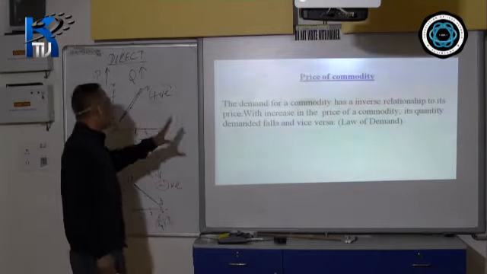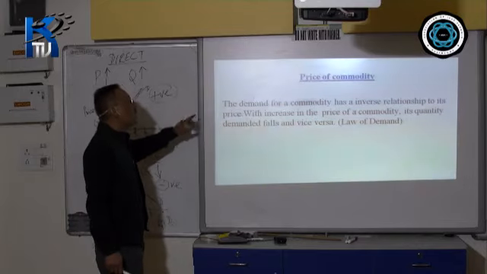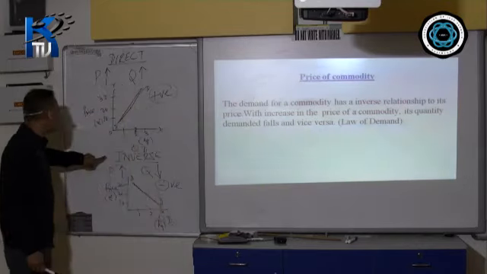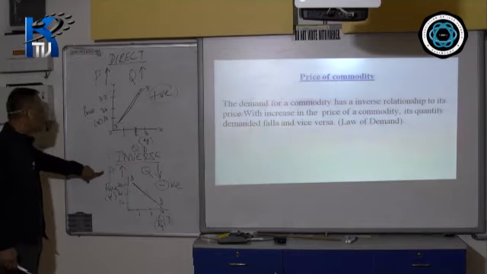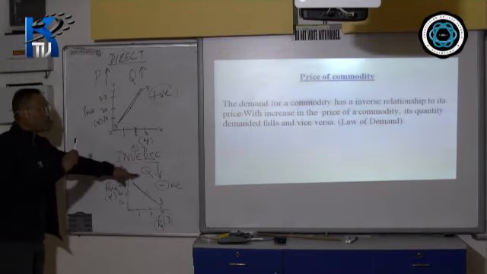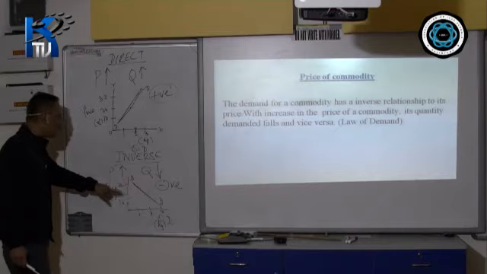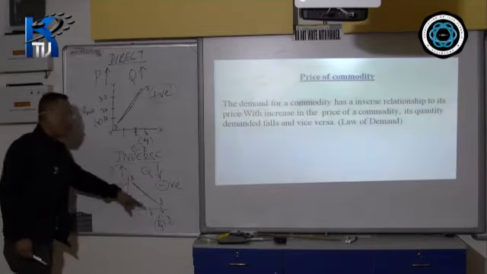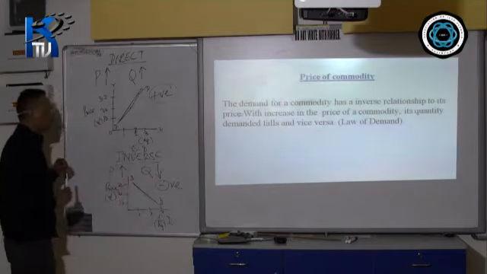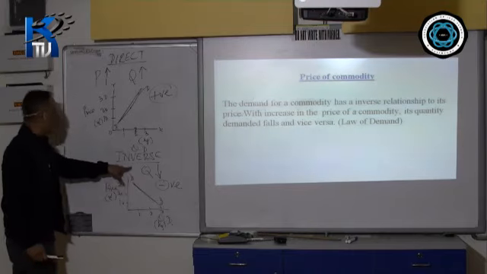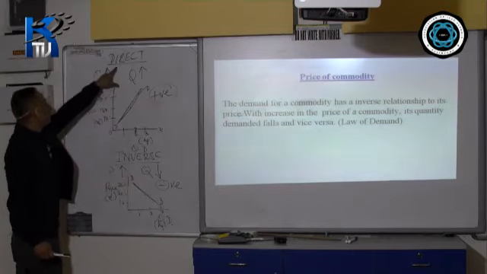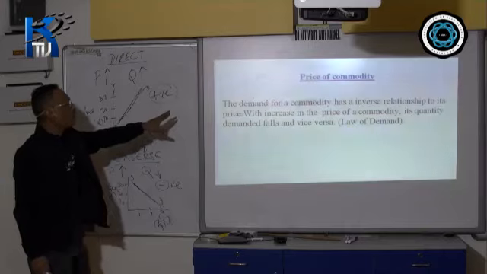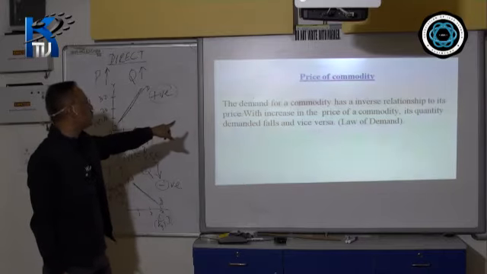Let's have a look again. Price. The demand for a commodity has an inverse relationship. When one increases, the other decreases. So automatically when you see inverse relationship, you'll think of a graph which is negative sloping, downwards towards the right. Negative, inverse, positive, direct. The demand for a commodity has an inverse relationship to its price.